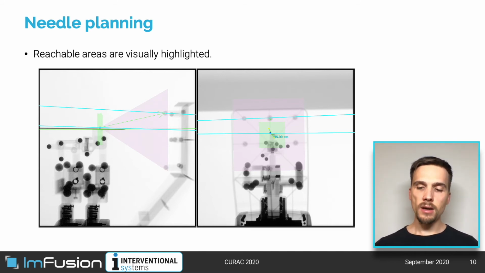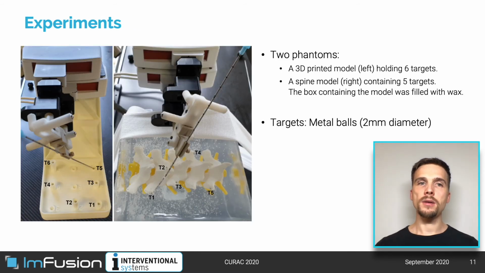In order to evaluate the system, we now use two phantoms: a 3D printed model which holds 6 targets, and furthermore a spine model which contains 5 targets. And the spine model in addition was put into a box which was filled with wax, such that there is also haptic feedback. The targets were metal balls, 2 mm in diameter, such that they can be seen in a CT.